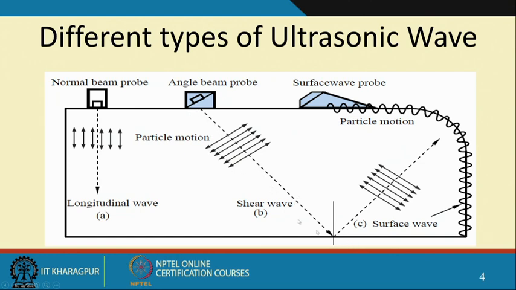It will come across here and then get reflected, because there is an impedance mismatch. Surface wave, if I change the angle of inclination here, this wave would go on the surface. So, depending on where I want to identify a fault, I can use some of these probes.